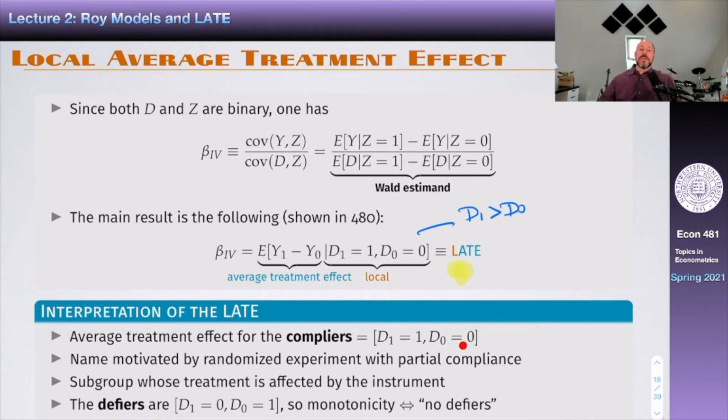An example that people typically use to say what this means in an application is a randomized control trial where you give individuals a medication that they're supposed to take, say, at night at home. Z equal to 1 or 0 is whether you offer the patients the medication or not.